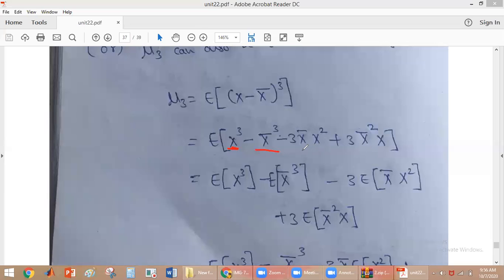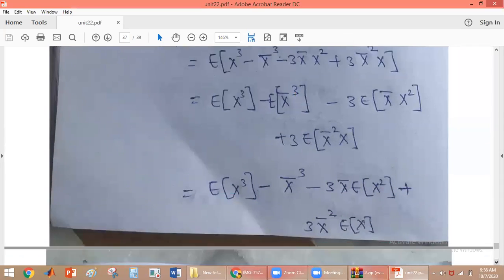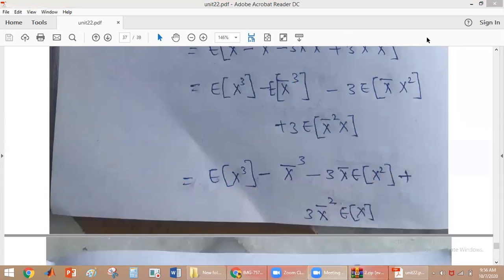Now from the properties of expectation, what is x bar? X bar is a constant. Expectation of a constant will be equal to the same constant. So we will be getting x bar cube only here.